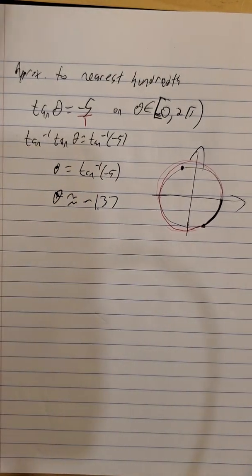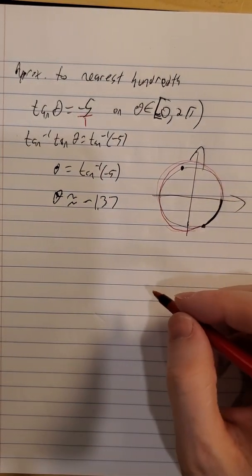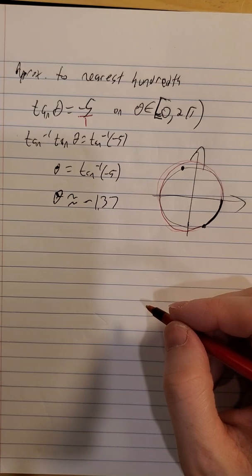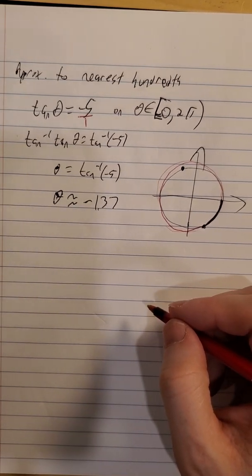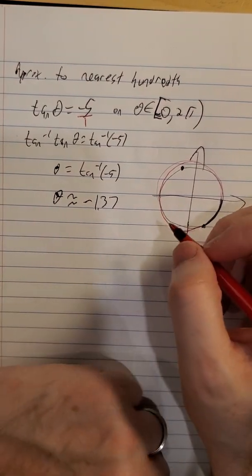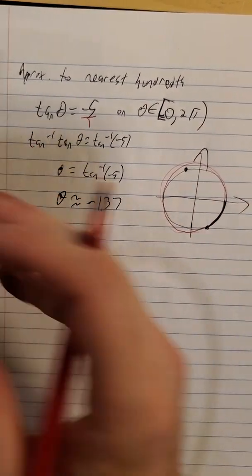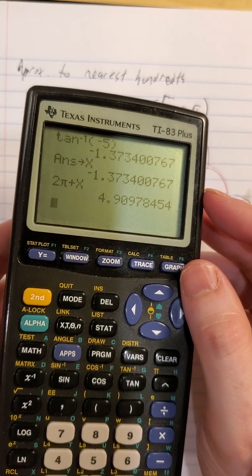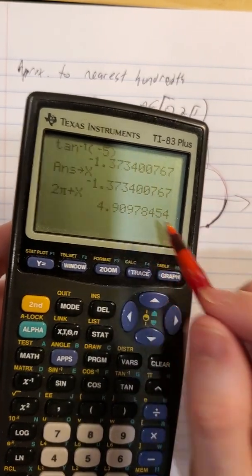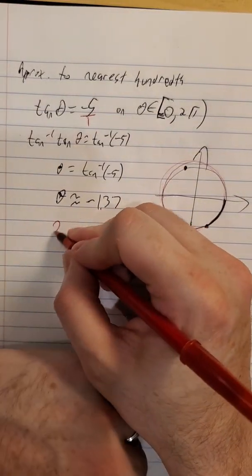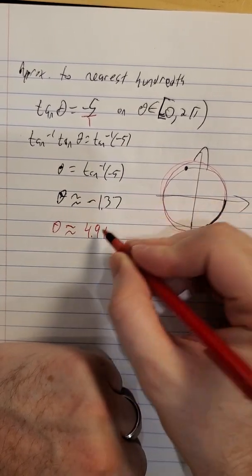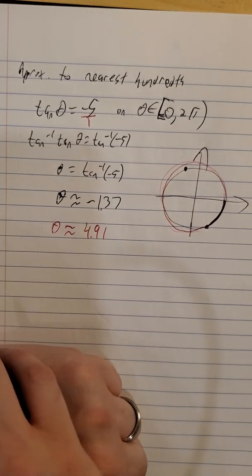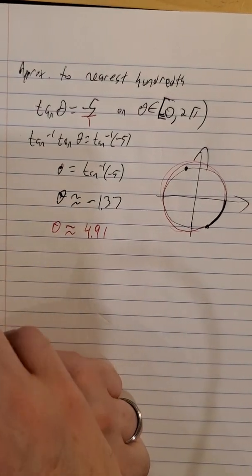So I'll make a lap around, and I get approximately 4.909 and so on. But the fact that I have a 9 next door, 4.909, and we're rounding to the hundredths, 4.91. So theta approximately 4.91. That is in our 0 to 2 pi.